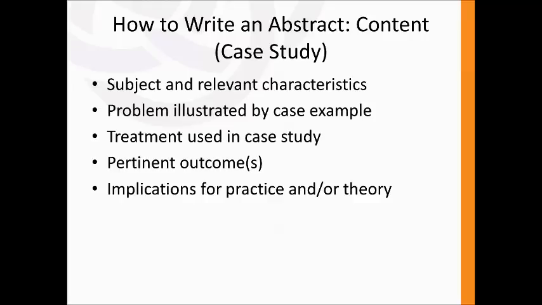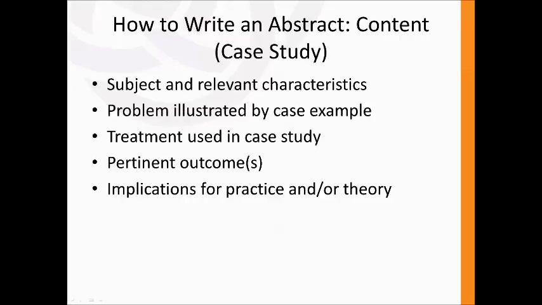So what works for one person might not work for another. But at the same time, if you're in a really novel area, or it's a unique kind of case, then somebody who comes to visit your poster and wants to know more certainly wants to see that you've put in some thought about what the implications of this case are for practice and or theory. So you should definitely have at least some information on that in the abstract.